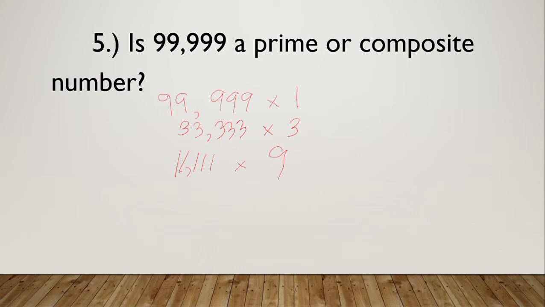So therefore, we can say that 99,999 is not a prime number. Is that clear? So, okay, 99,999 is not a prime number. Therefore, it is a composite number.